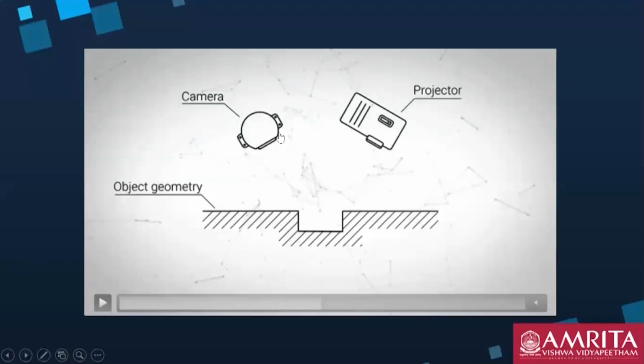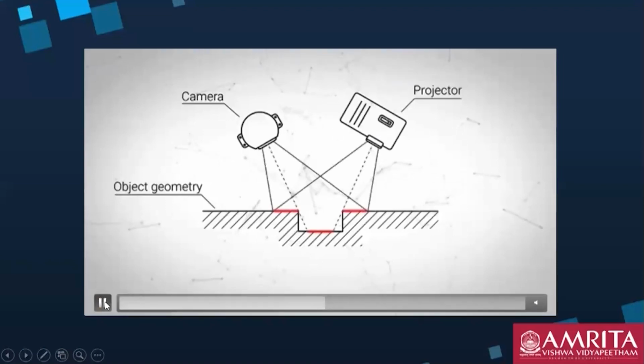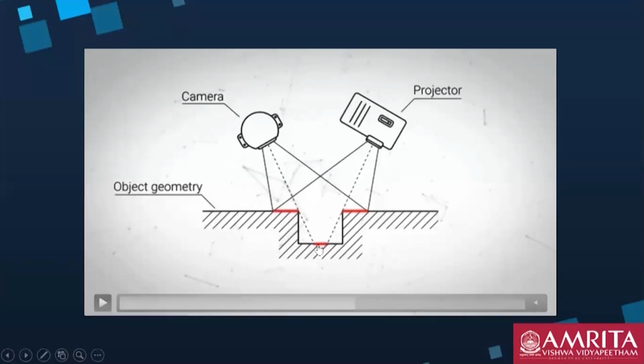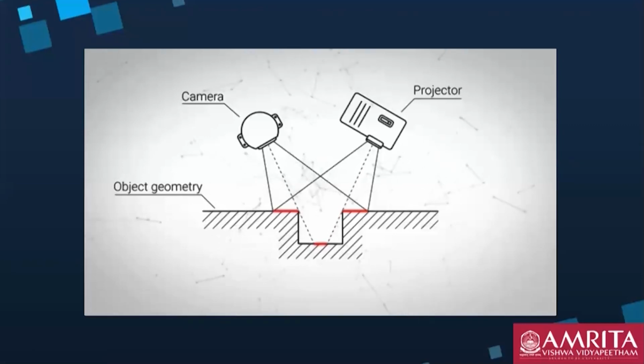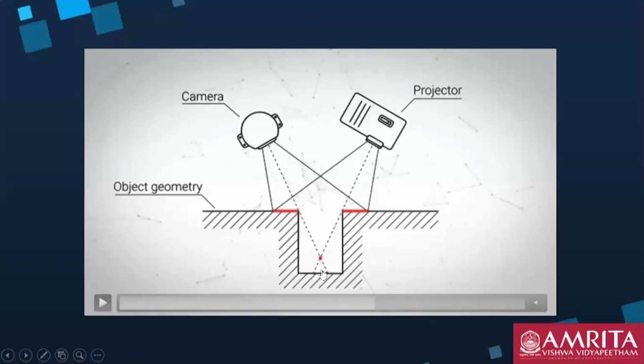So the positioning of these two is very important. If it is not positioned in the correct location, it can't scan some of the intricate shapes. So you have to be precise with the location of the camera and projector. If you increase the distance, you still see there is some portion of the texture that is remaining, but it shouldn't be too much.